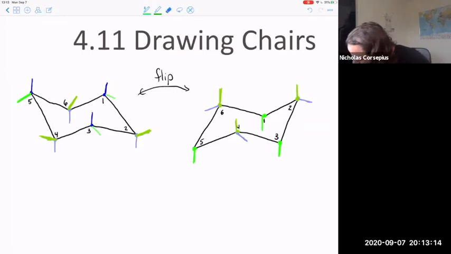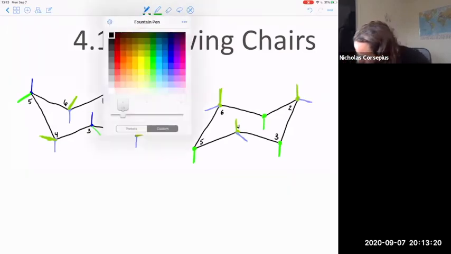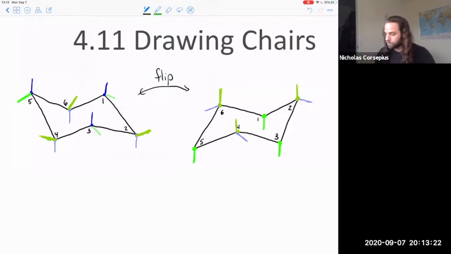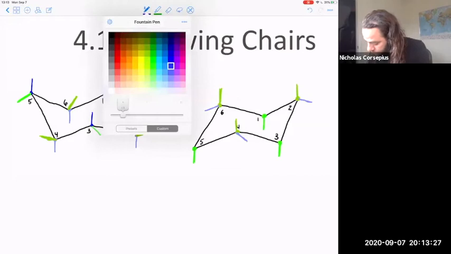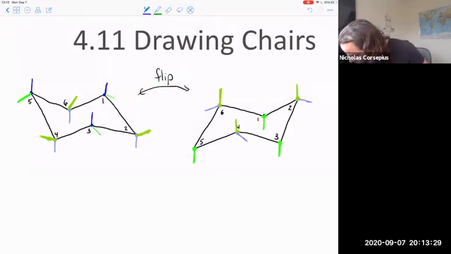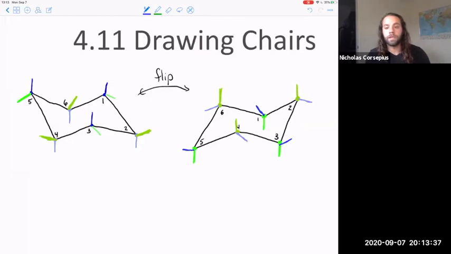Put my label in a bad place. What used to be equatorial is now axial down. Okay, and then that means that all of my formerly axial up are now going to be these equatorial positions.